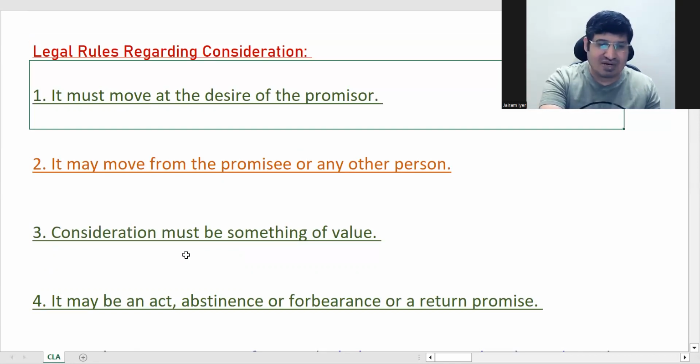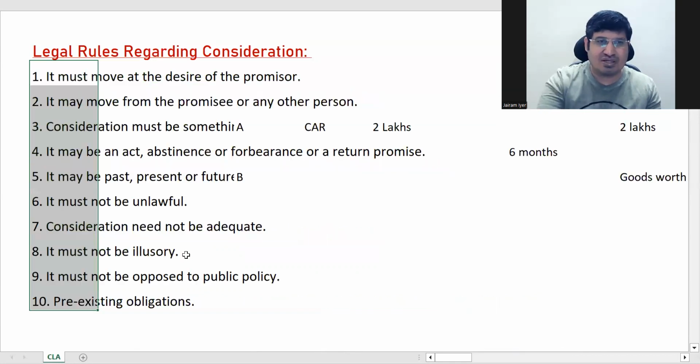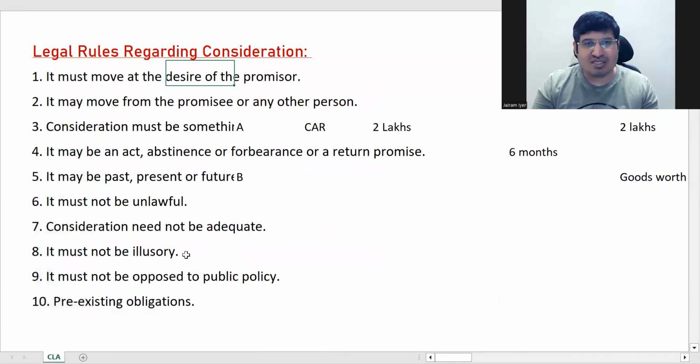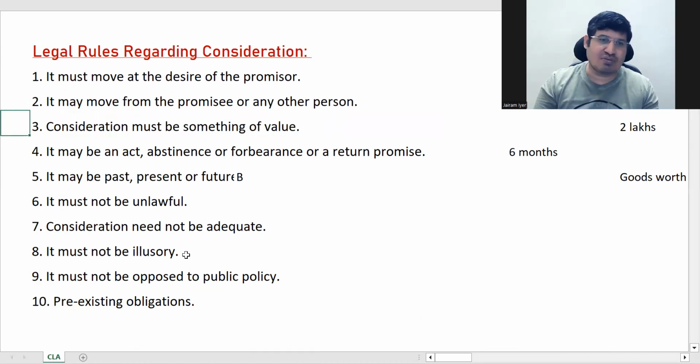So 10 points in all. Legal rules regarding consideration. These are all important questions and you can remember it easily also.